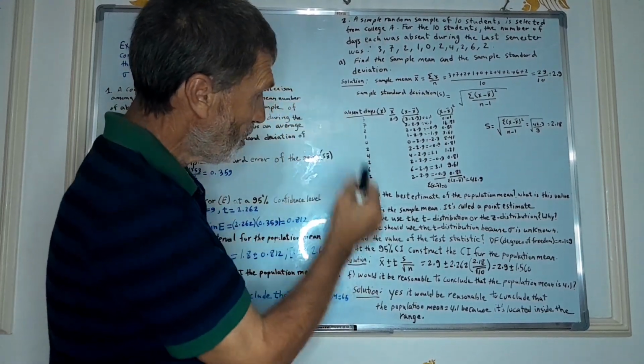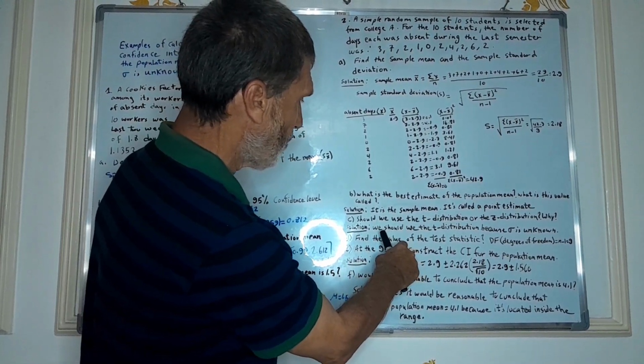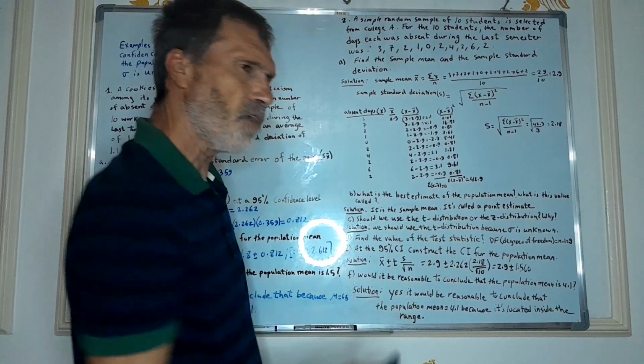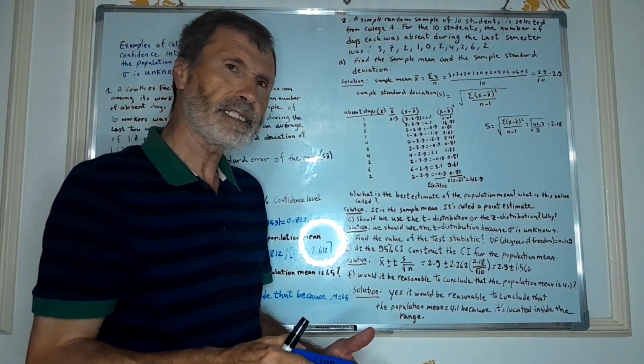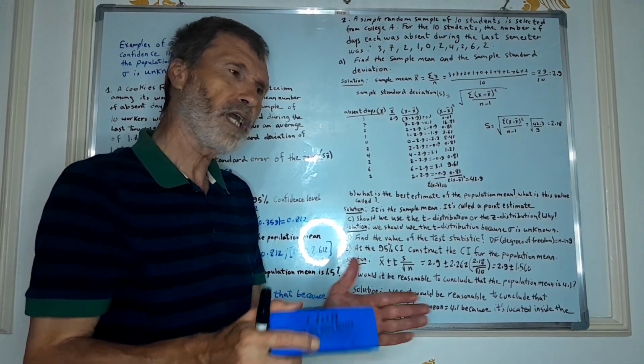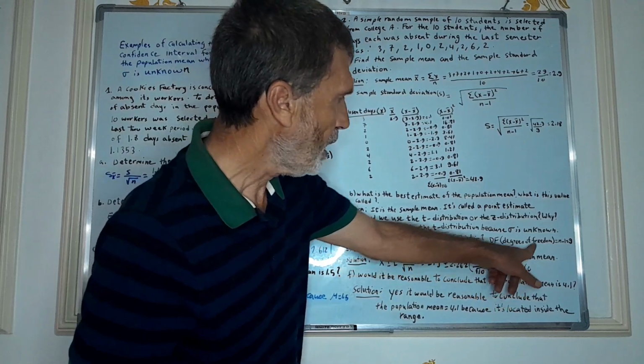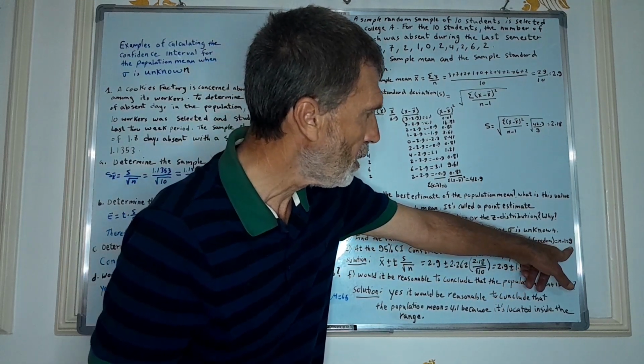Now, find the value of the test statistic. Of course, in this case, in order to use the t distribution table, we have to find the degrees of freedom. And degrees of freedom, of course, is equal to n minus 1, which is equal to 9.